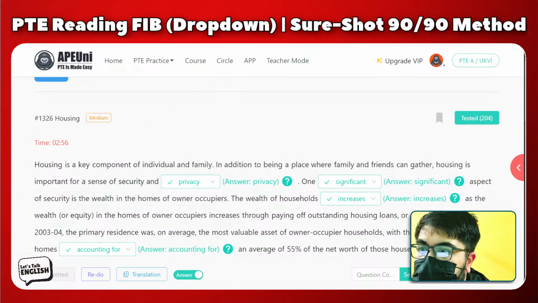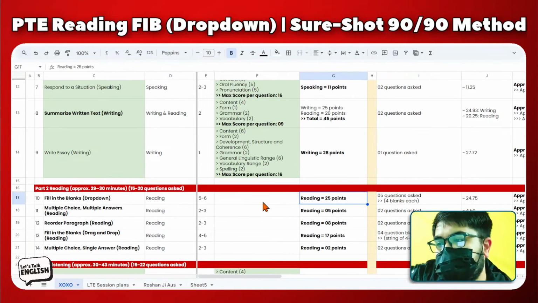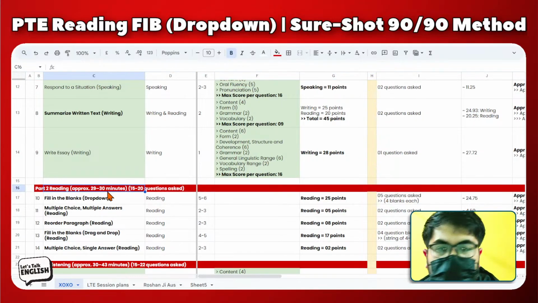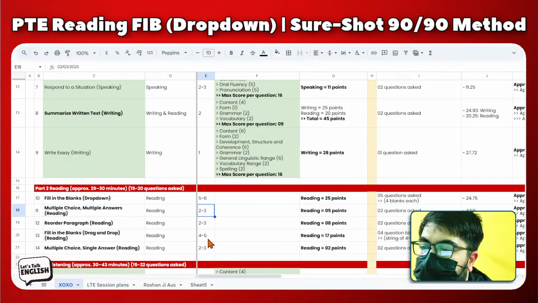Okay. So, if you come to the scoring sheet, which by the way I will link, right, you see part 2 reading has approximately 30 minutes on the upper side, 29 minutes on the lower side, and 15 to 20 questions. Out of these, 5 questions are going to be multiple choice reading and multiple choice single.